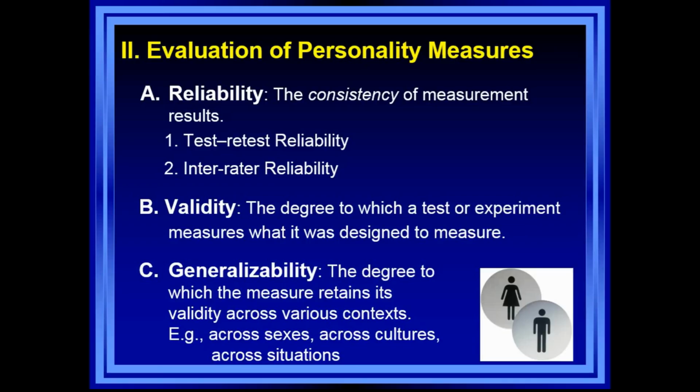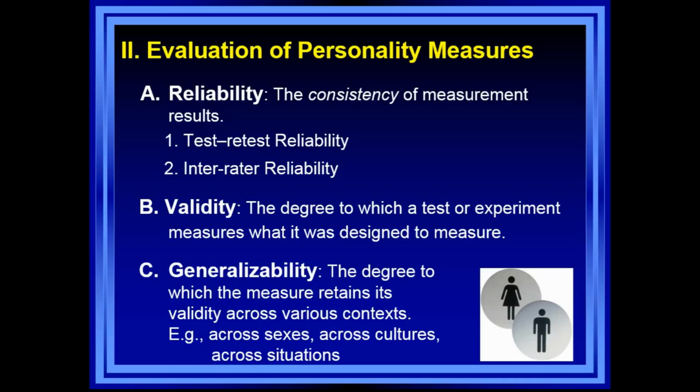There are various types of reliability mentioned in your book. I want you to know two. I want you to know about test-retest reliability and inter-rater reliability. So test-retest reliability, what we mean here is results should be similar over repeated testing. That's test-retest. Results should be similar, consistent, over repeated testing.